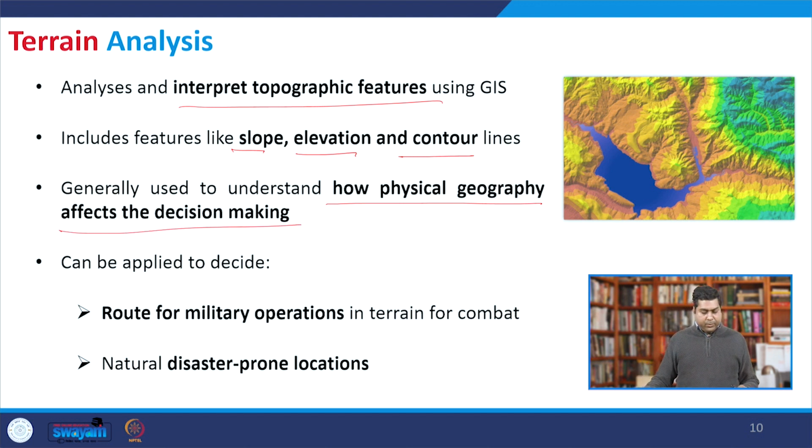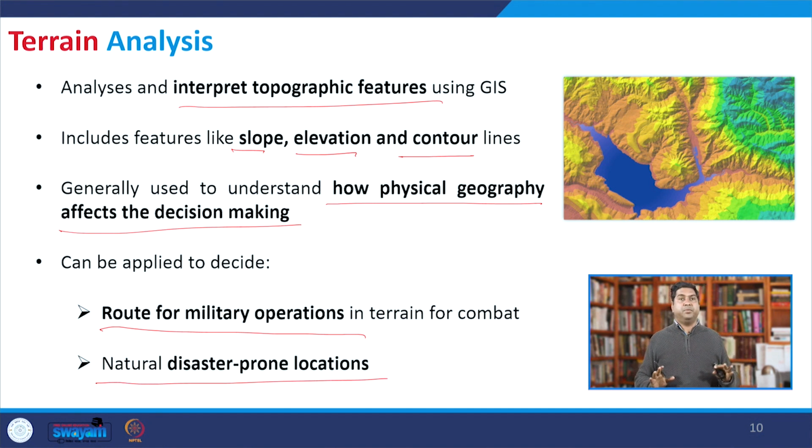It can be applied to decide routes for military operations in terrain for combat, and natural disaster prone locations, which is nowadays very important because there are so many problems happening in the Himalayan belt and elsewhere. Landslides, both natural and man-made disasters, are happening in those locations. Once we identify that, we can identify those vulnerable locations, and accordingly we can have certain restrictions or regulations on the functions in those areas.